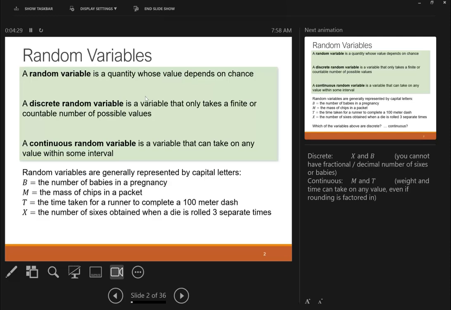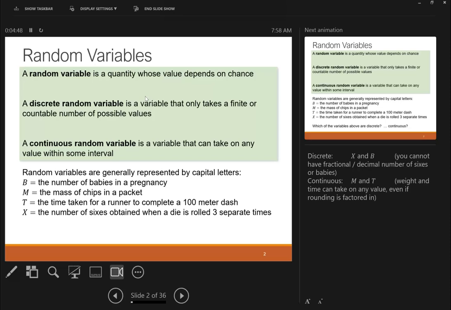So just like grinding through some vocab and clarifying some ideas. So some examples. Let's say B represents the random variable that's equal to the number of babies in a pregnancy. Is this discrete or continuous? Discrete, right?